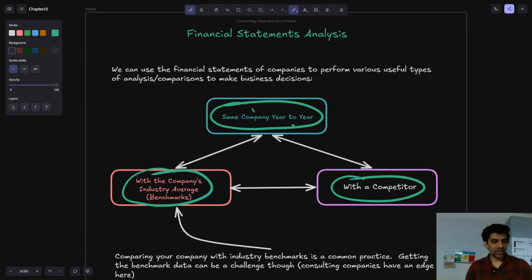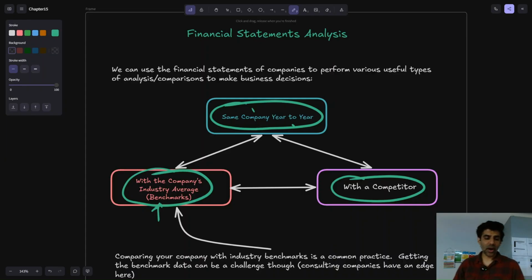Sometimes it's worth it to compare your company against the industry average, right? So if you're looking at a steel maker, okay, maybe there's not just one competitor. You want to see how does your steel manufacturer compare to the industry as a whole, right? How competitive are their margins, etc. Okay, so again, this is using this term benchmark, okay?